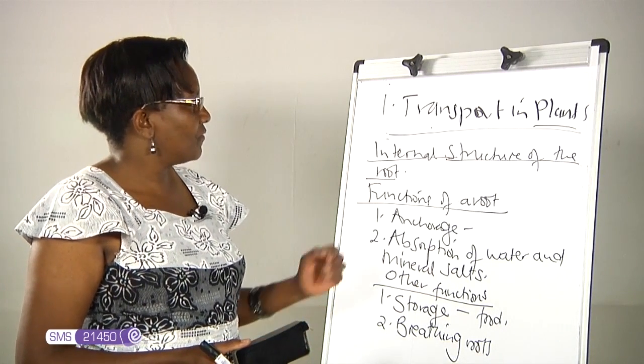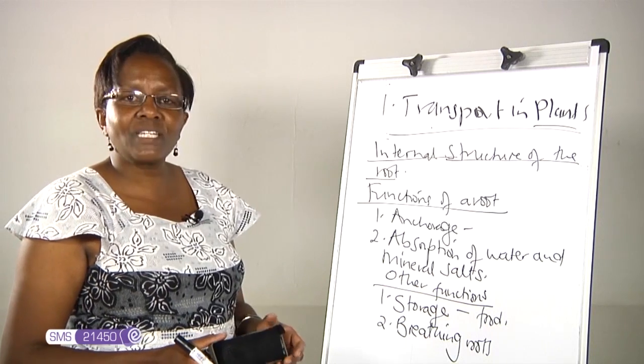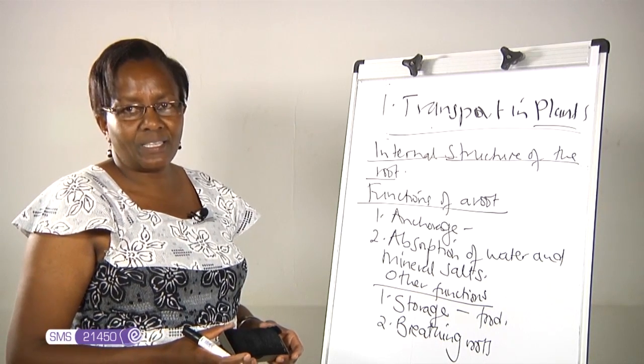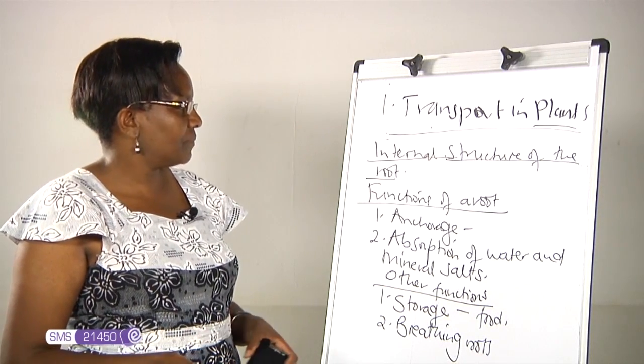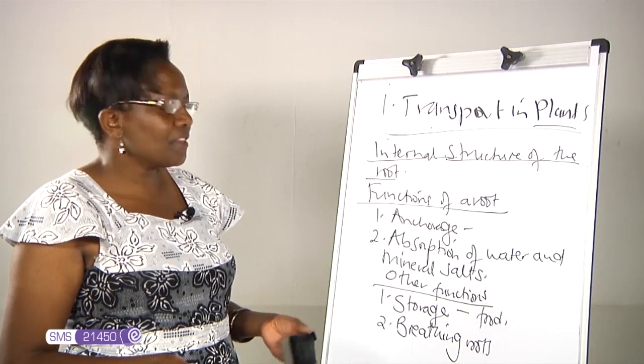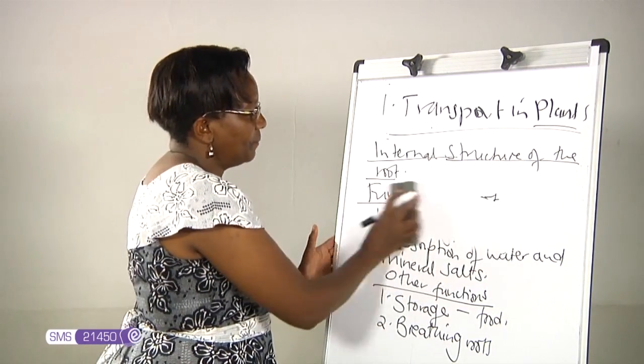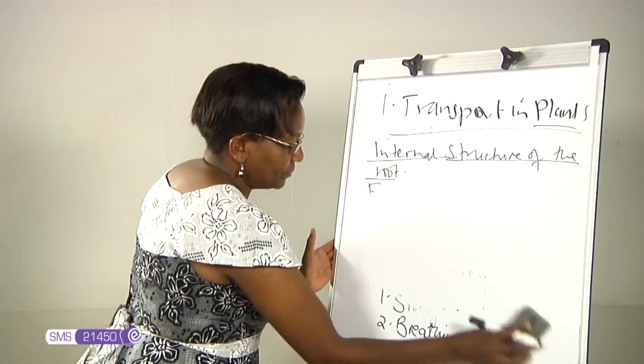Then we've started on the plants, and we have said that the higher plants, they have the vascular bundles for transport, and the vascular bundles are made up of xylem and the phloem.